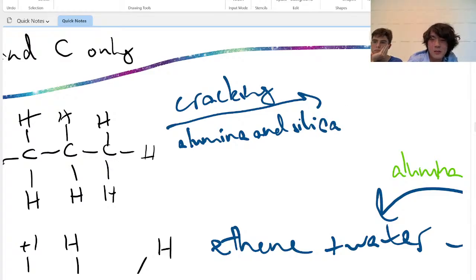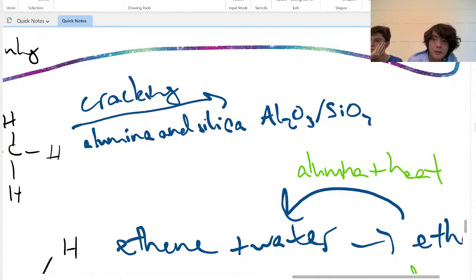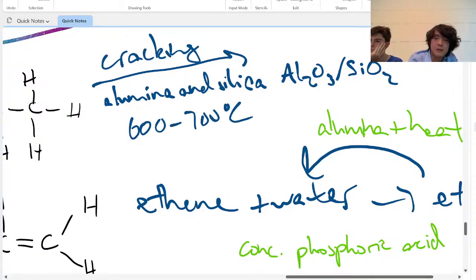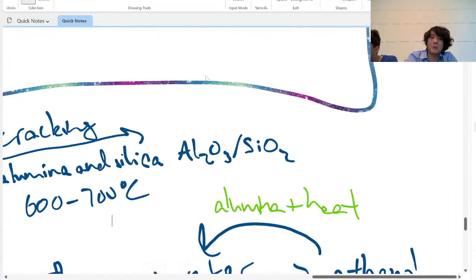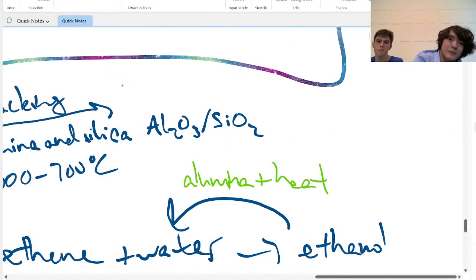You can write it in molecular formula, and 600, 700 degrees. And cracking makes smaller alkanes and alkenes.